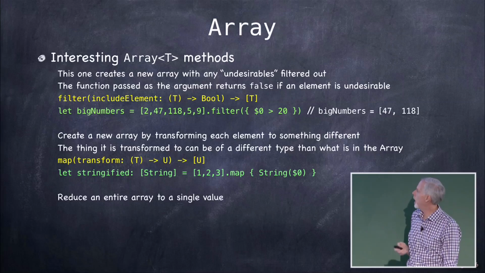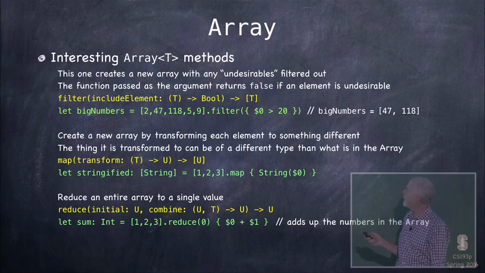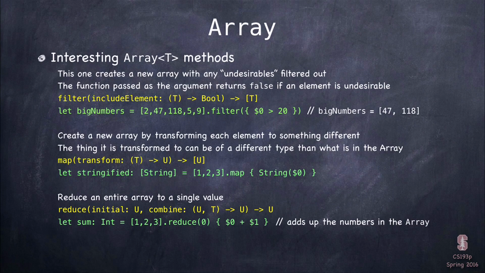Okay? Here's another function, called reduce. This reduces the array to a single result. So this particular one, you can convince yourself of it later, it adds up the numbers. It just reduces, starts with 0, and for each one it takes the amount so far and adds it to the next thing in there, so it adds up the numbers. Notice this one has 2 arguments, an initial and a closure.